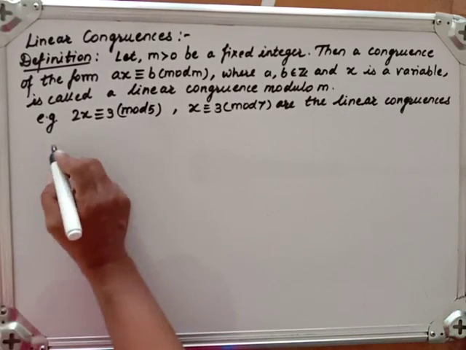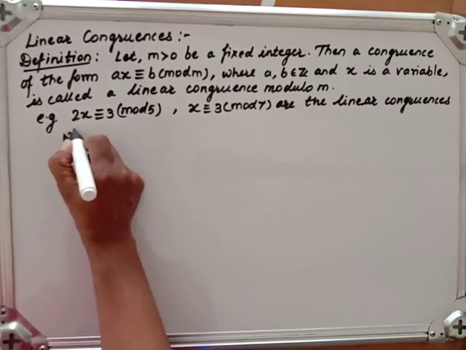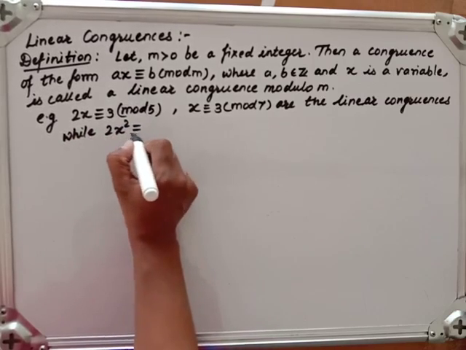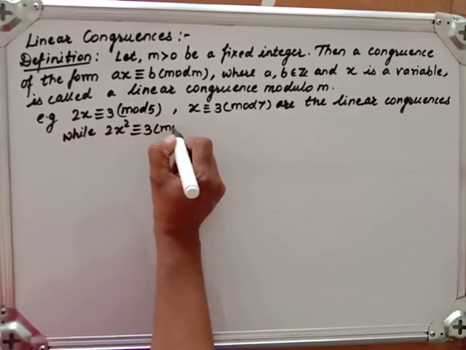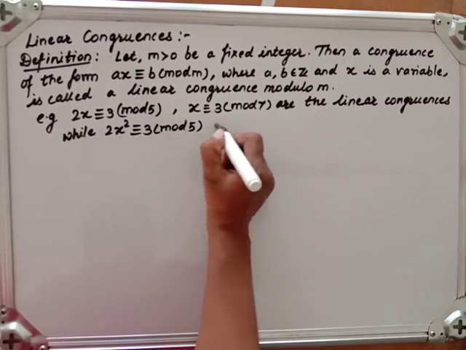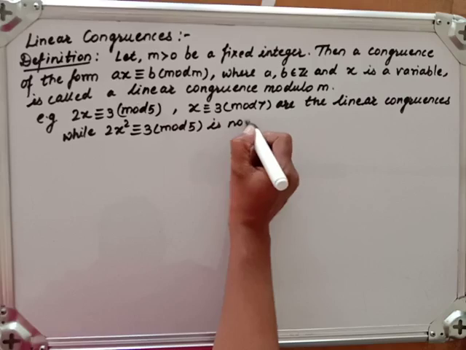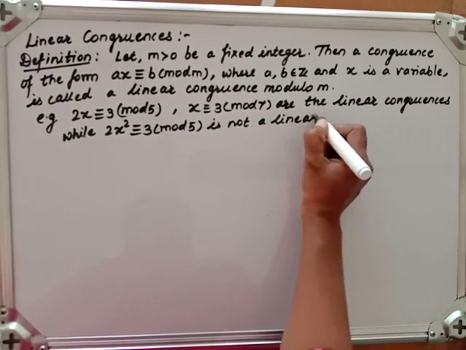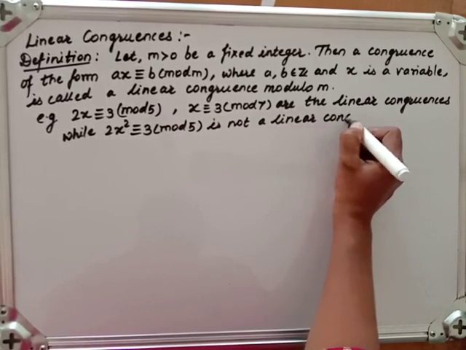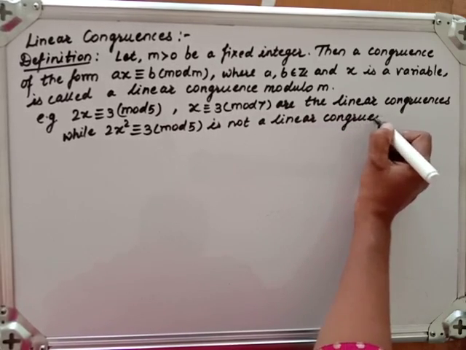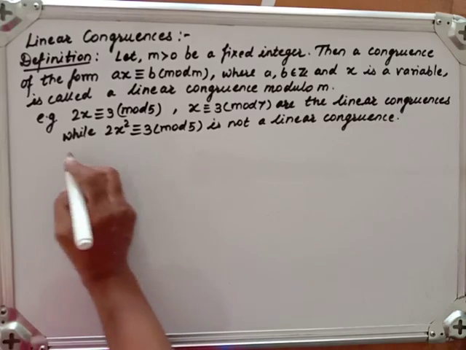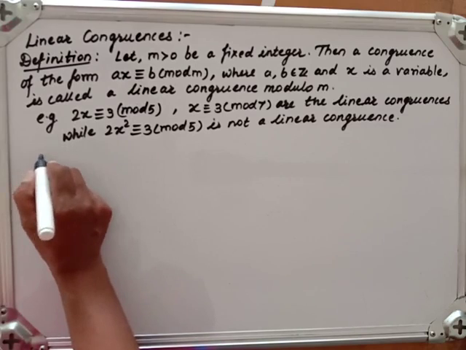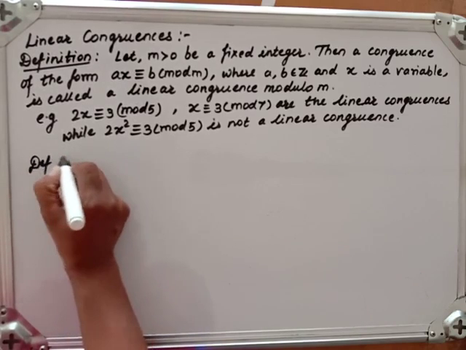While if I take 2x square congruent to 3 modulo 5, it is not a linear congruence.